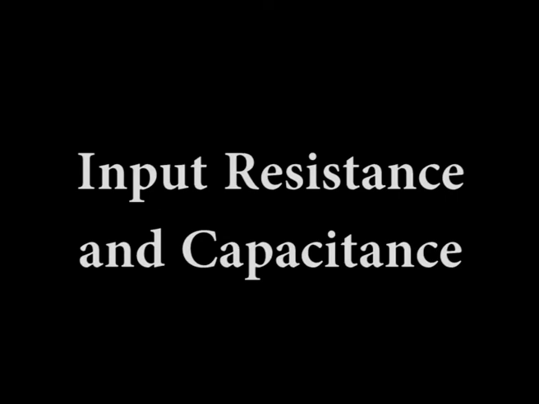Input resistance and capacitance. As you know, a JFET operates with its gate source junction reverse biased, which makes the input resistance at the gate very high. This high input resistance is one advantage of the JFET over the BJT. Recall that a bipolar junction transistor operates with a forward biased base emitter junction.